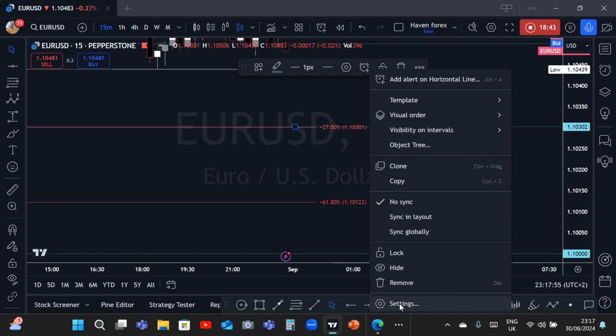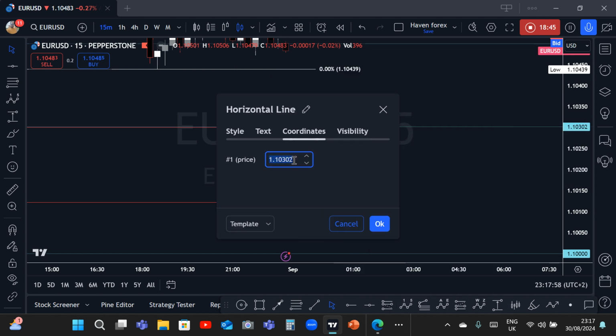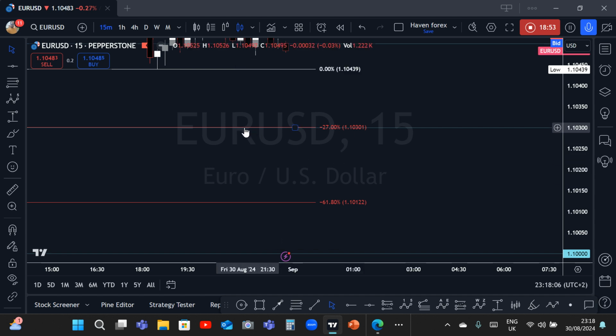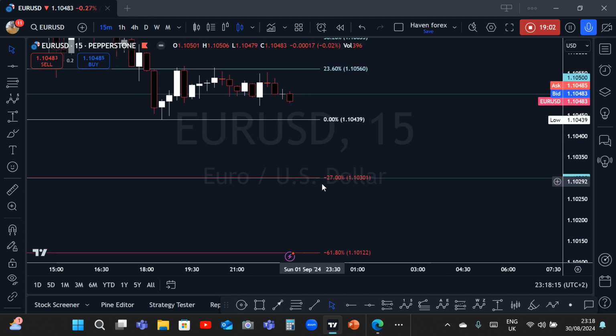If you see this place is what? 300, right? This is 300. This is another psychological level, and it rhymes with this negative 27.0. So once price action gets to this place, it will get a reaction, a little pullback before it continues.